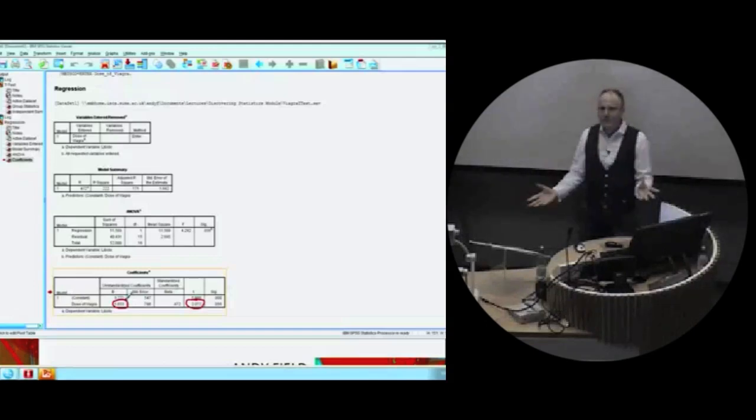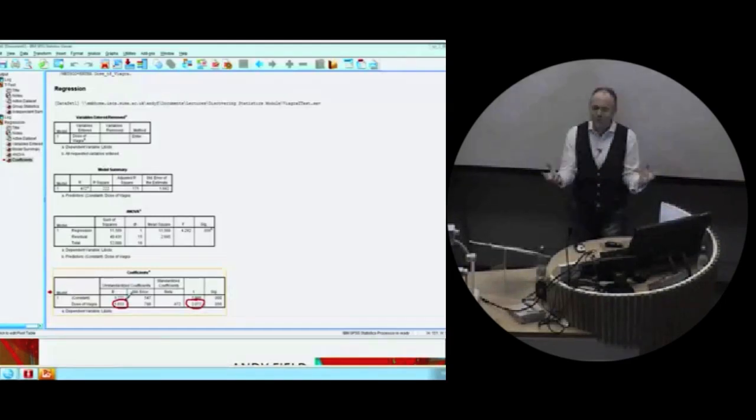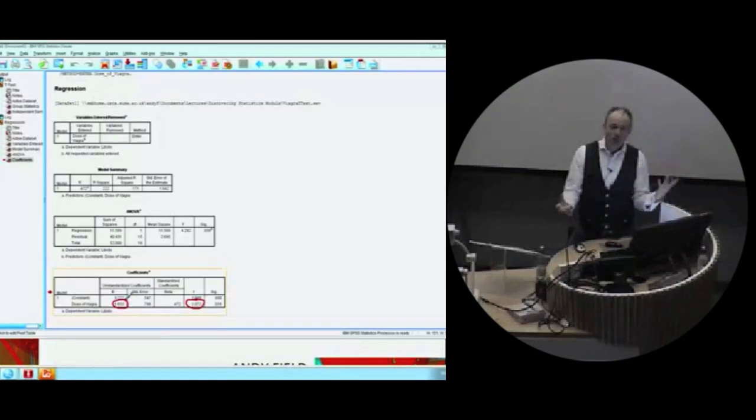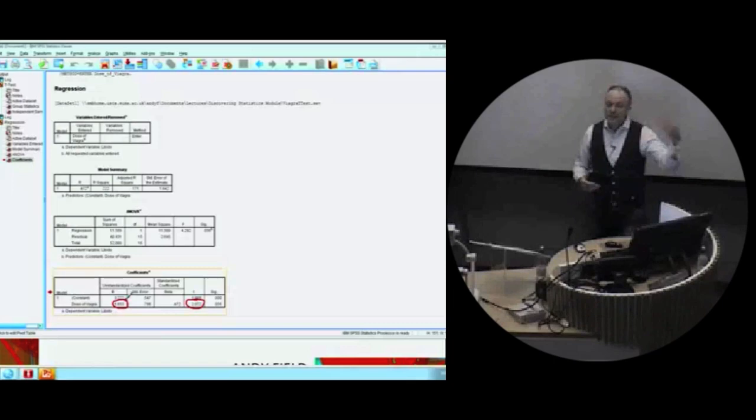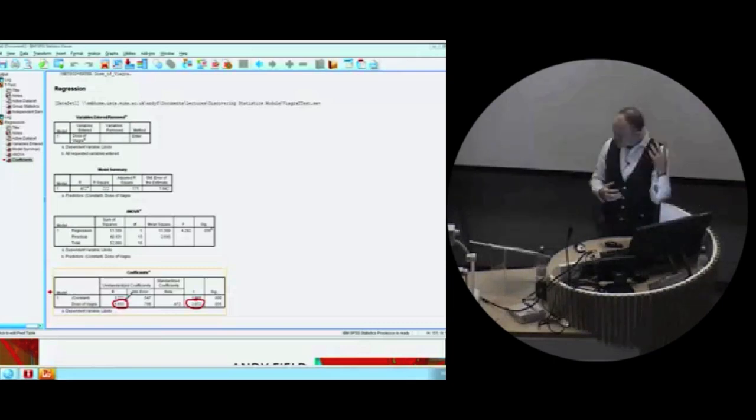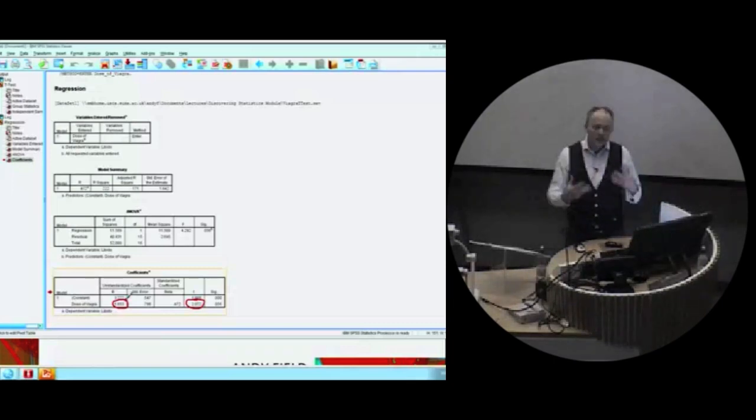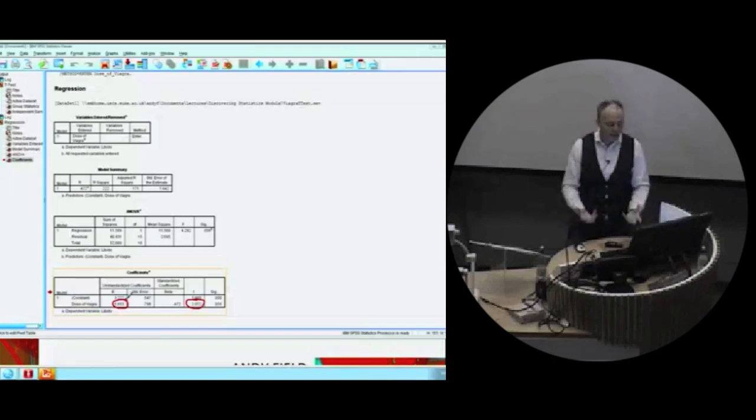I know I've told you this before, and I've put up outputs and said, oh, look, t-test and regression, it's just the same. I just wanted to show you, because it's quite useful to do it in this particular lecture. You can literally do a comparison between two means using different menus in SPSS, and you get the same results. So what's going on behind the scenes is exactly the same.